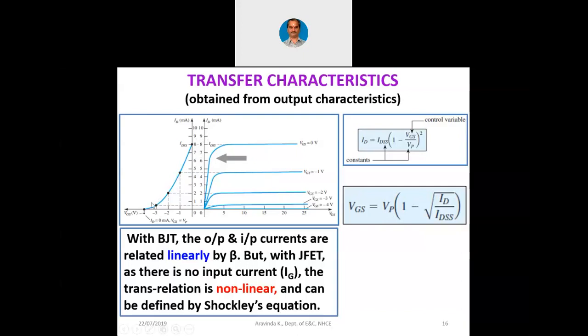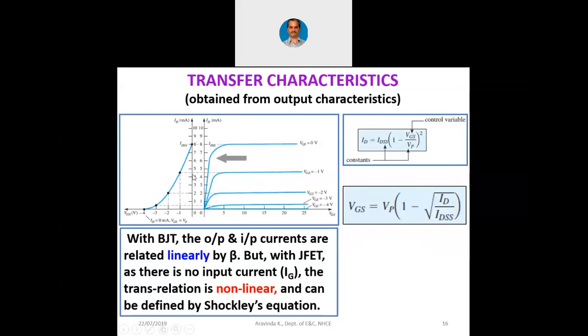In the last class I told you how we plotted this transfer curve on the left hand side, using the corresponding values of VGS and ID. That is why we have this non-linear transfer curve.